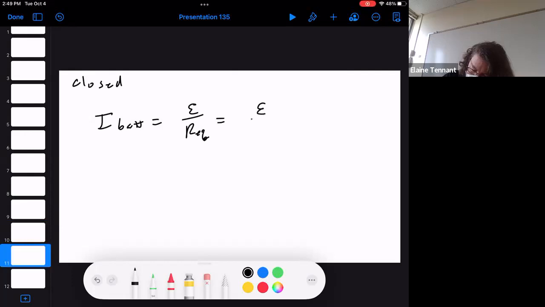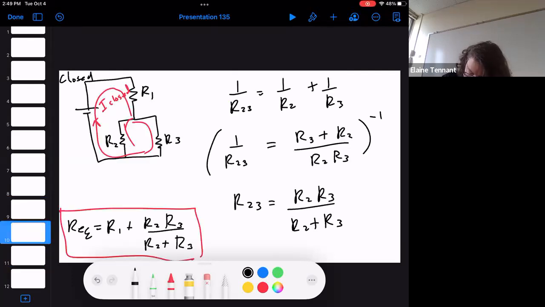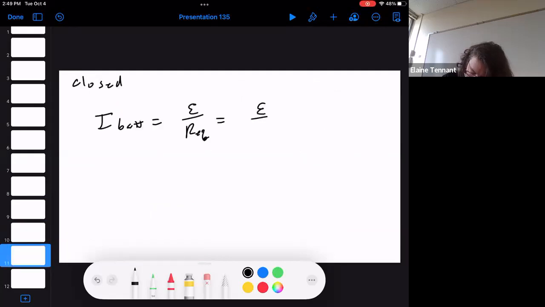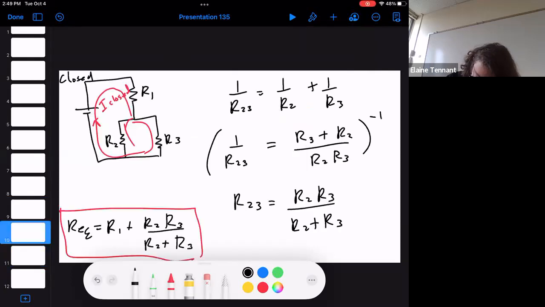Now, if I wanted to talk about each element, like R1, R2, and R3, will the current through R2 be the same as the current through the battery? Let me hop back over to my diagram here.